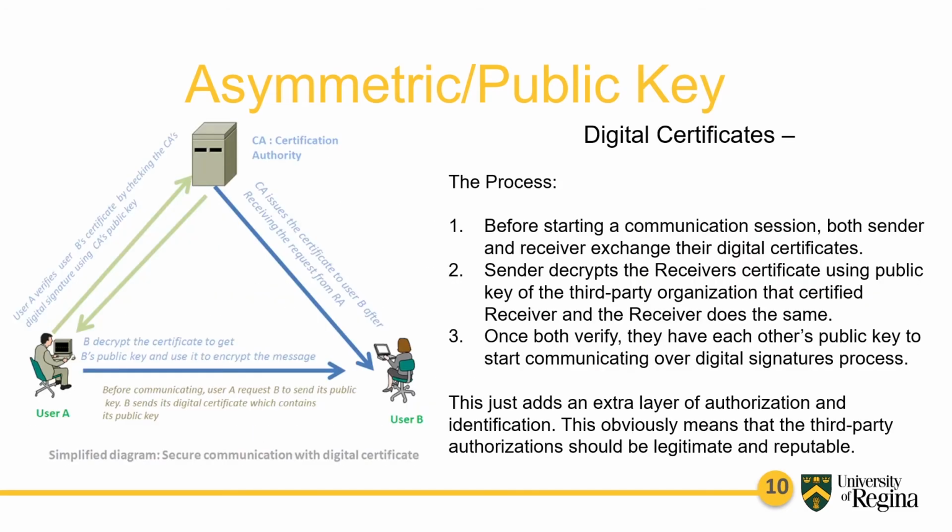Okay, so let us now visualize how conversations between two systems start using digital certificates. Since user A wants to send a message, it asks for the certificate from user B. Once A receives B's certificate, it verifies the authenticity with the third party certification authority.